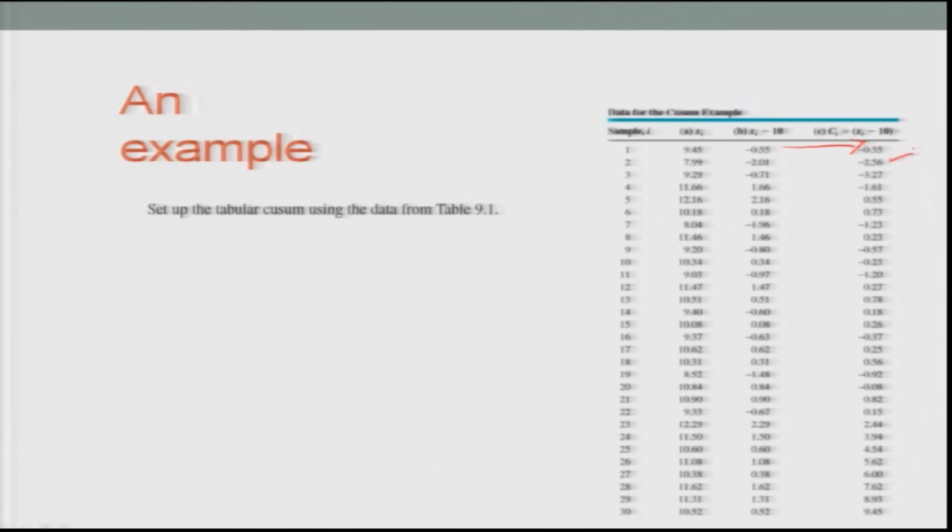So, minus 0.71 minus 2.56 becomes minus 3.27. In the next value there is a positive one, where xi minus 10 is 1.66, so 1.66 would be added. Taking the sign into consideration, it becomes minus 1.61. If I do the cumulative sum, the last value comes out to be 9.45.